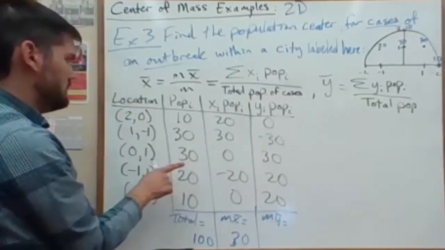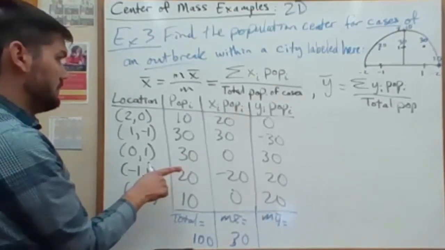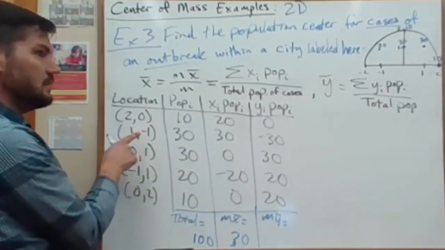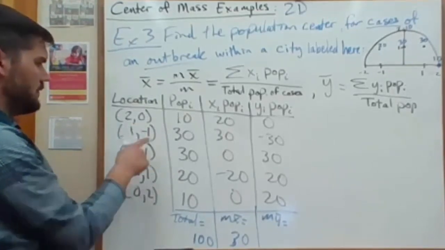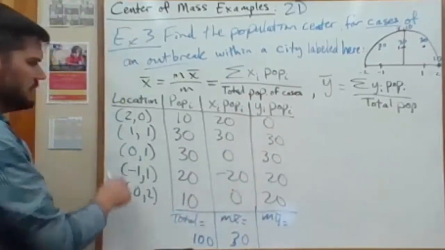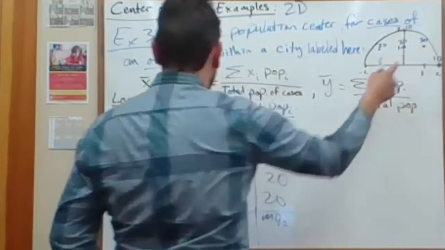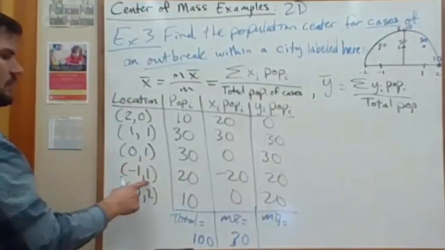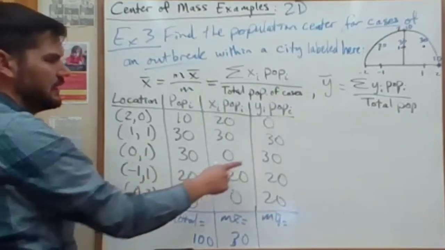And then this is not right. That should be 1, +1. Apologize there. That's 1, 1 for this location right there. -1, 1 is the 120. Okay, that's a good catch there.